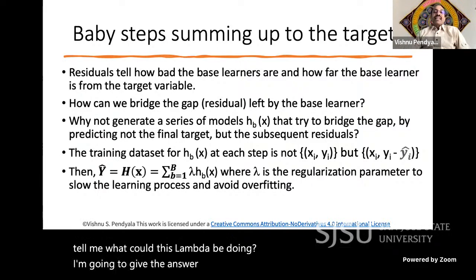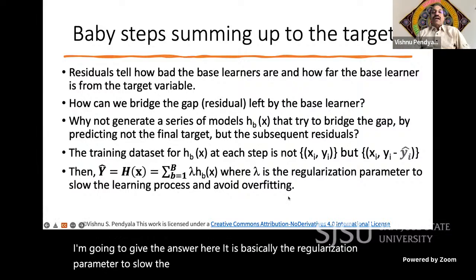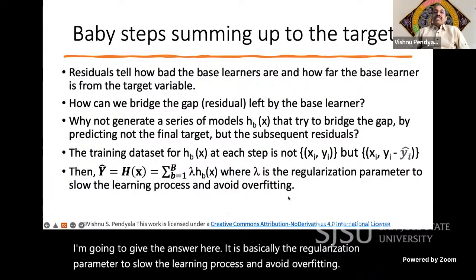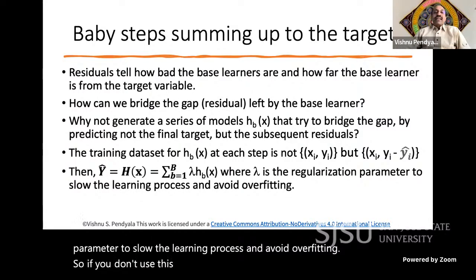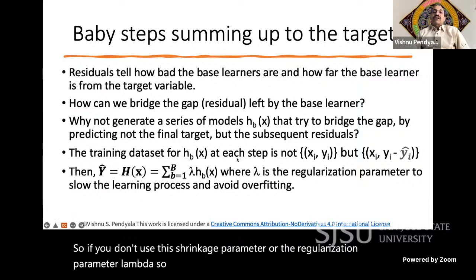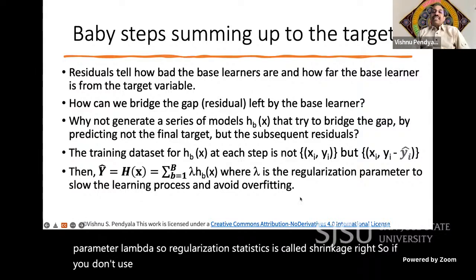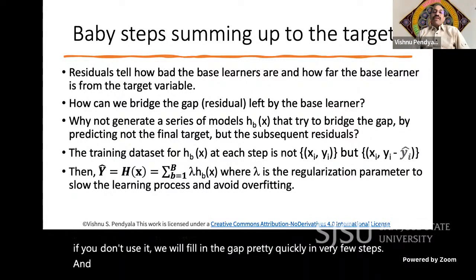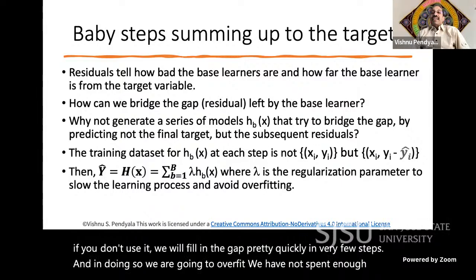It is basically the regularization parameter to slow the learning process and avoid overfitting. Regularization in statistics is called shrinkage, right? If you don't use it, we will fill in the gap pretty quickly in very few steps, and in doing so, we are going to overfit. We have not spent enough time learning to generalize.